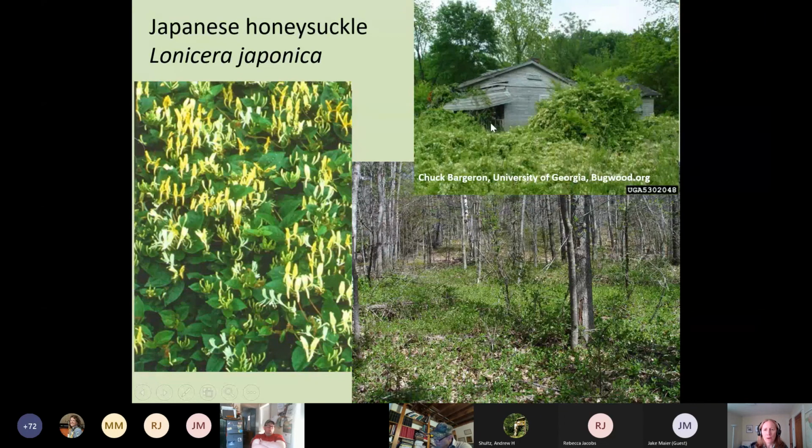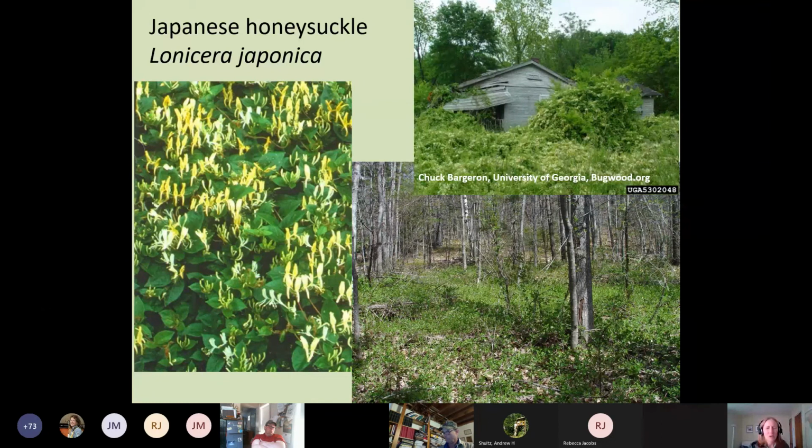And similar to the shrubby invasive honeysuckles, the Japanese honeysuckle is known for its fragrant large flowers. You can pull out the stamens and taste the nectar in the flowers. This is something that kids in the Mid-Atlantic have done for years.